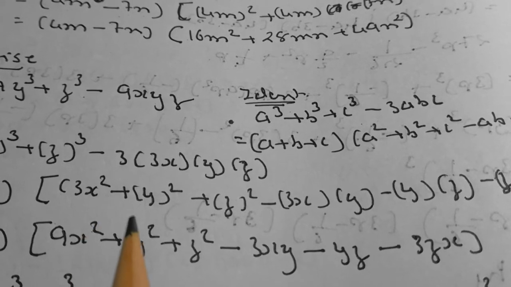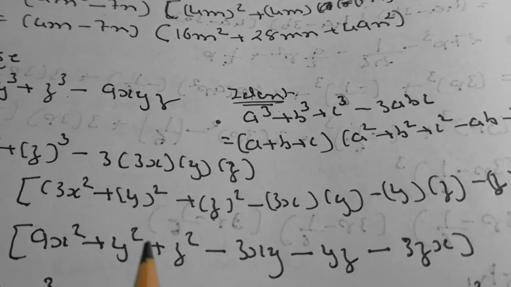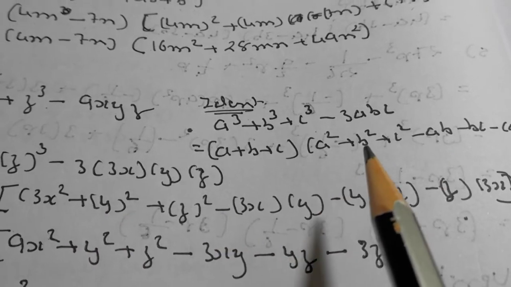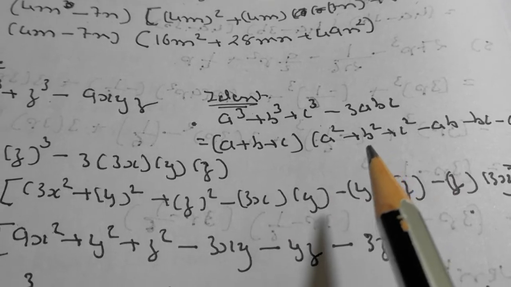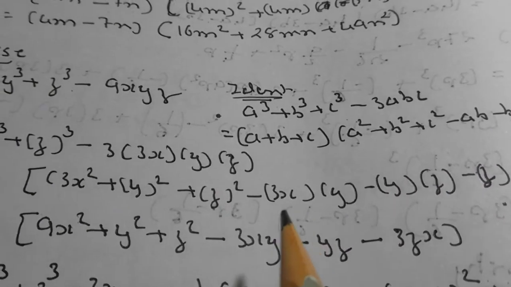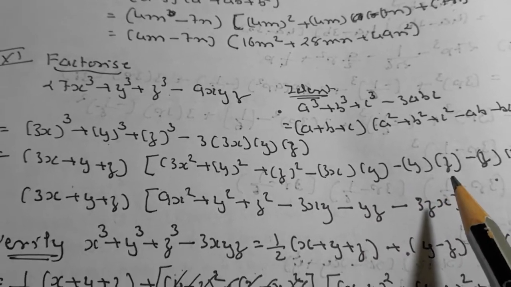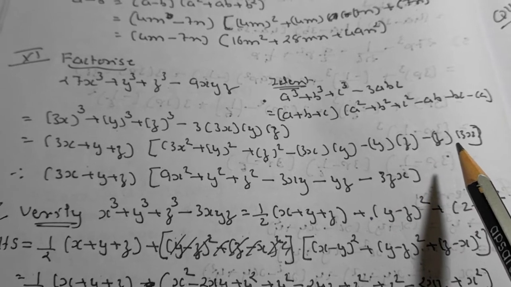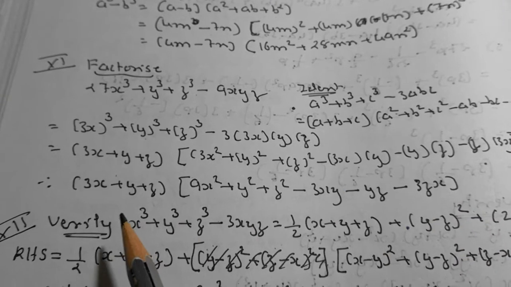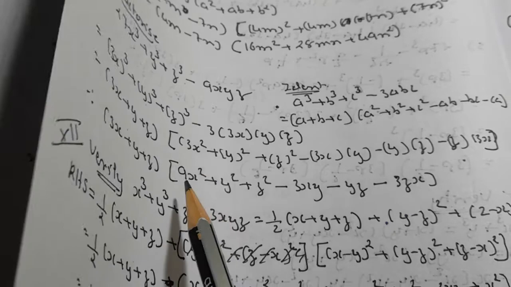That is first term square plus second term square plus third term square. That is (3x) square plus y square plus z square. A square, b square, c square: first term square, second term square, third term square. Minus first term into second term, that is 3x into y. Minus second term into third term, and minus third term into first term. So 3x plus y plus z as it is. (3x) whole square.